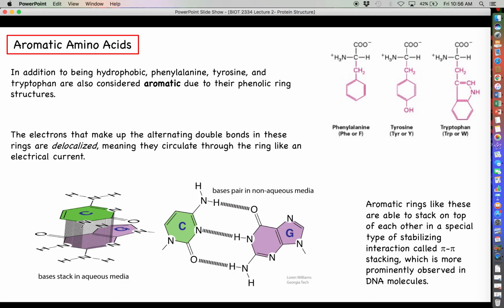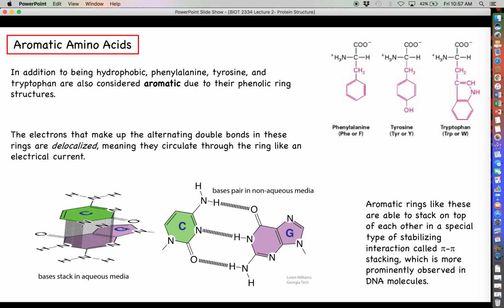So the reason why this is significant is because you can actually get attractive forces between these rings if you stack them on top of each other. So aromatic rings like this are able to stack on top of each other and produce a special type of attractive stabilizing force called pi-pi interactions.